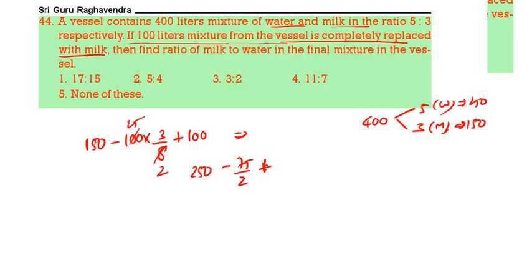That is 425 by 2, that is 212.5. This is milk.